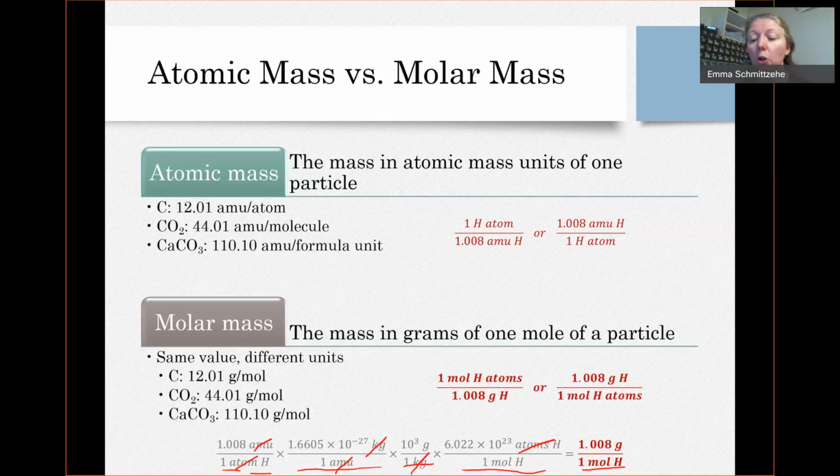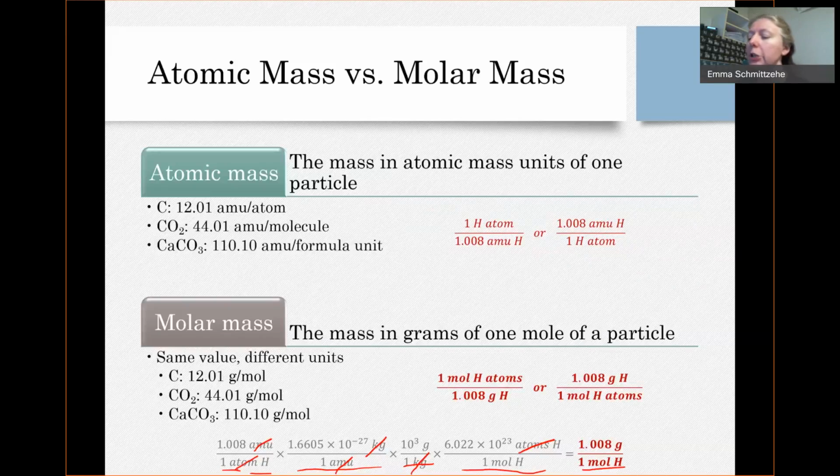Or you can write it on a gram per mole basis, and again, you can write it either direction. So those are all just conversion factors that you can utilize to convert between your moles of something and grams, or atoms of something in AMU, if you wanted to go that route. We're going to focus on relating grams and moles, okay, using molar masses.